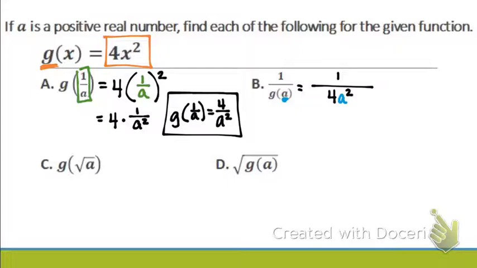Can I simplify it more than that? You can't simplify that to 2a. That would be like saying 1 over 4 is equal to 1 over 2, and that is not true. All we can do is simplify or evaluate. We can't solve anything because we only have function notation on the other side.